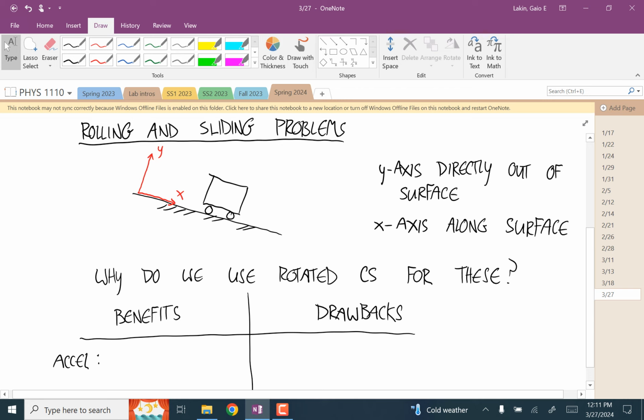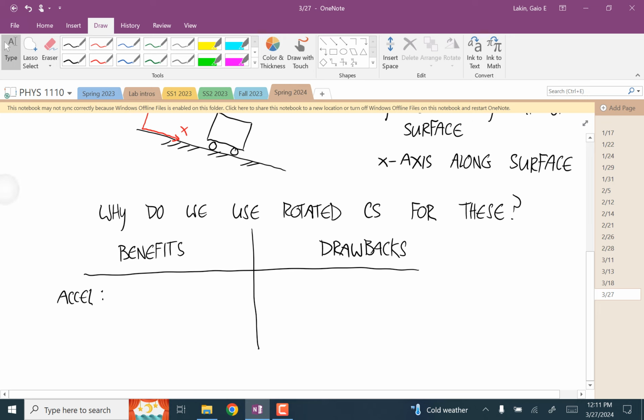Since we always have the x-axis pointing along the surface and the object only slides or rolls along the surface, we can always represent the acceleration as a0. Okay, like notice if we didn't use a rotated coordinate system, this thing's acceleration is going to be along a line like that.